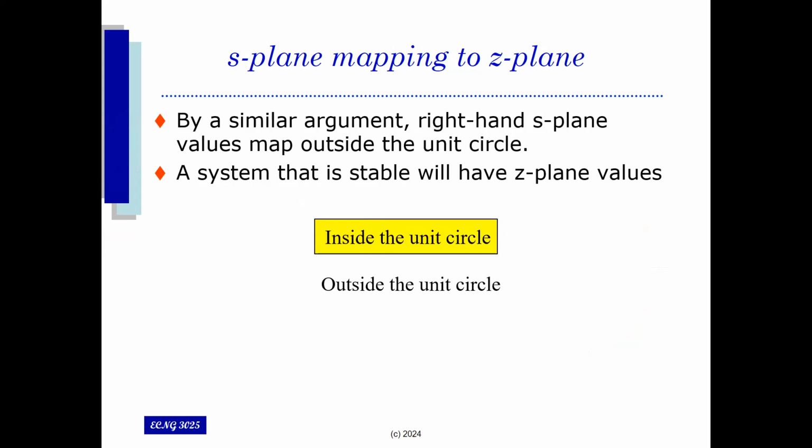And in fact, when you're doing discrete time control systems, one approach is that if you take a continuous time system that you've designed, and it is stable, meaning that the poles are on the left-hand side, if you carefully sample that signal and then take the Z transform of it, then the poles are going to be inside of the circle and the system is going to be stable.